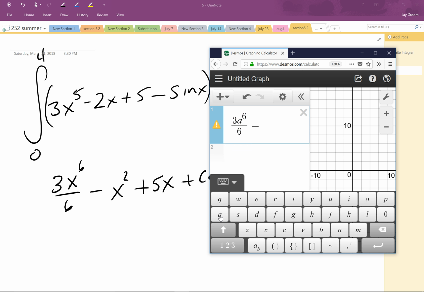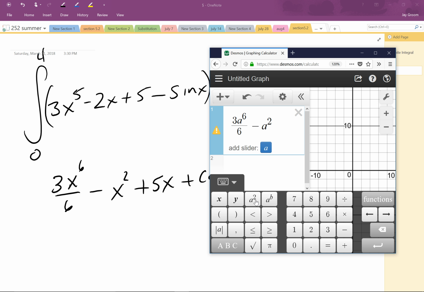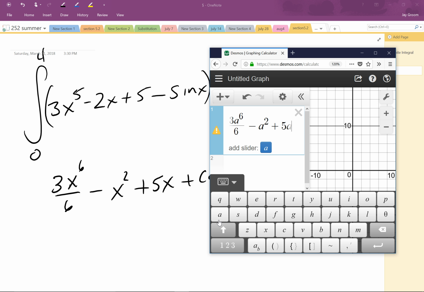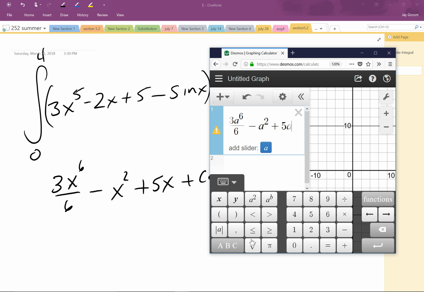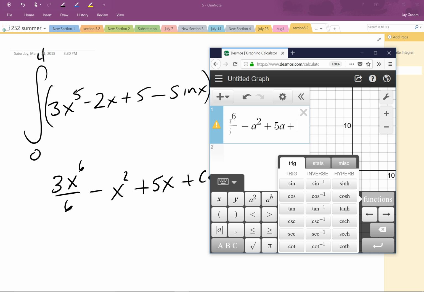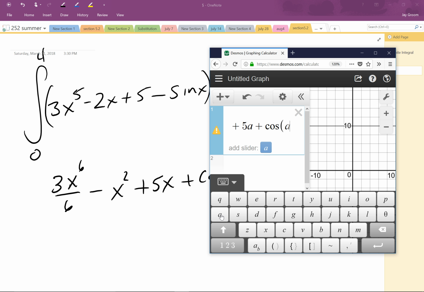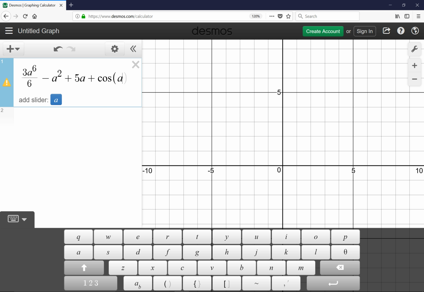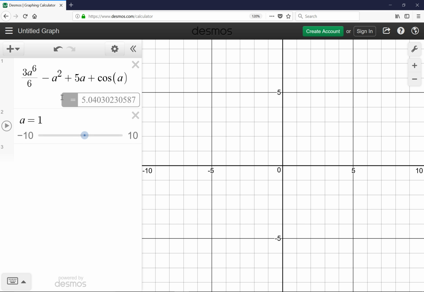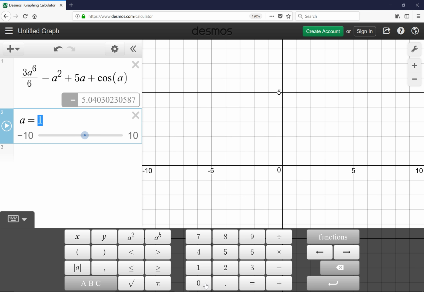Minus a squared plus 5a. Plus cosine. There's a reason for this. I want to evaluate this thing. So I'm going to evaluate it at 0, and I'm going to get 1.